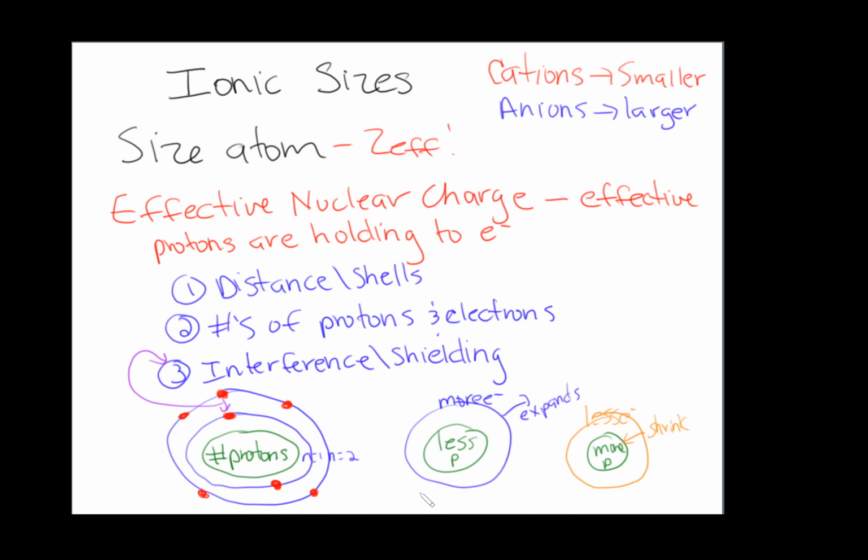So this one right here, more electrons out here, this would be considered an anion. And this one right here, it has fewer, so this would be considered a cation. And remember, that is compared to the neutral atom. And that's how we would predict ionic sizes. All right, let's just do a couple practice problems here.